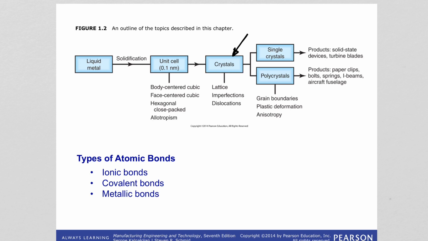So, of course, crystals can be single crystals, just like we have seen. The example was turbine blades, and polycrystals, okay, paper clips, bolt springs. And of course, when we are defining polycrystals, we need to include the information of grain boundaries and isotropy, etc.